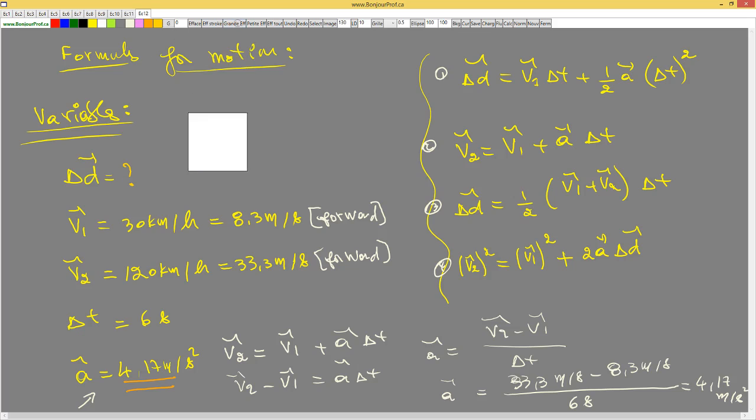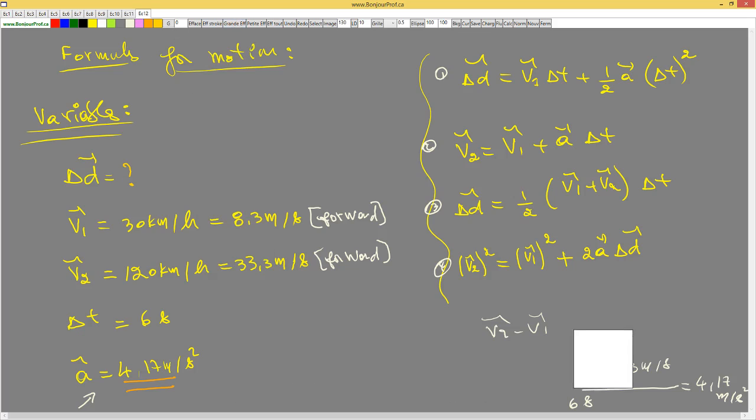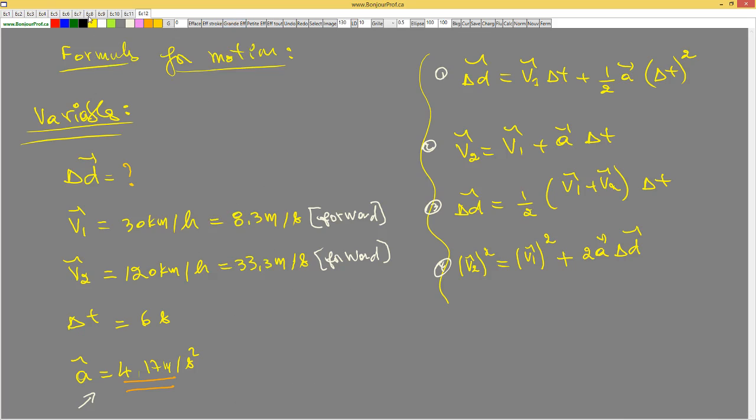Now we found the acceleration, and we are going to add it to the list of the data that you know now. Now we are looking for the displacement.